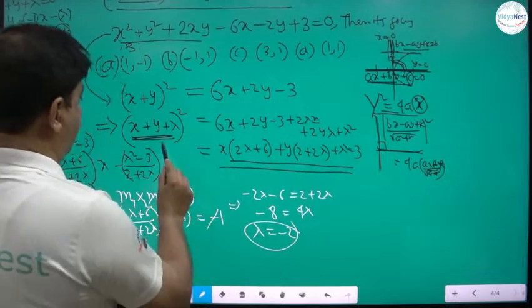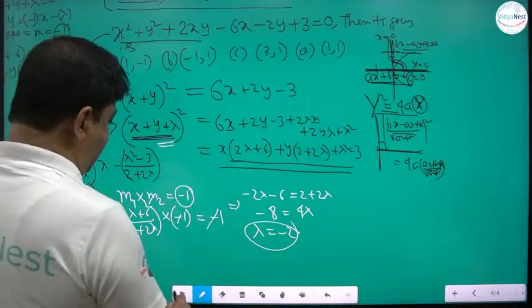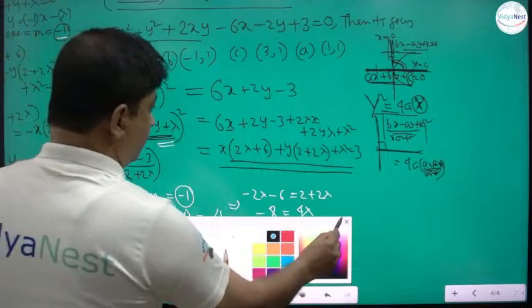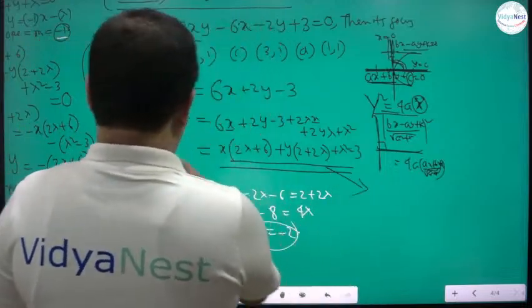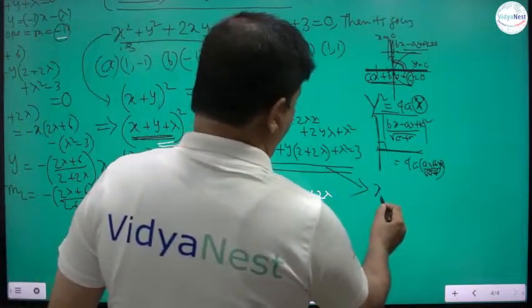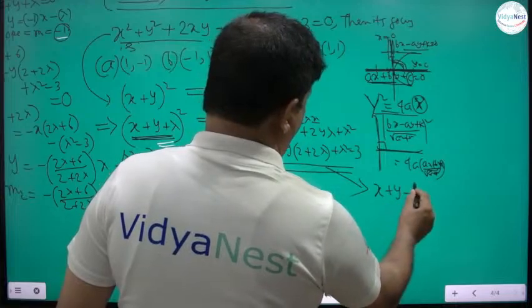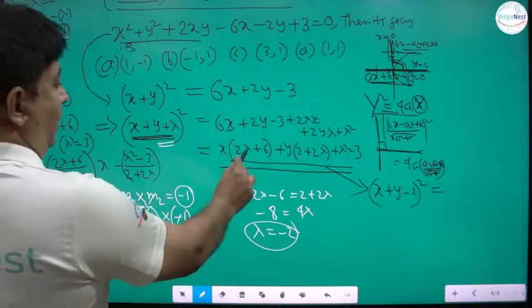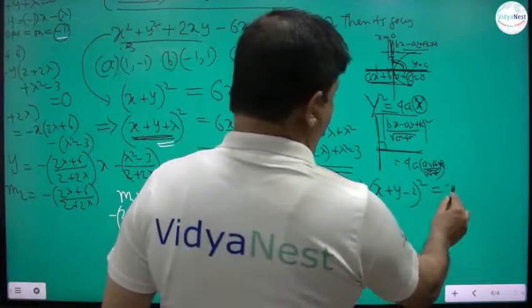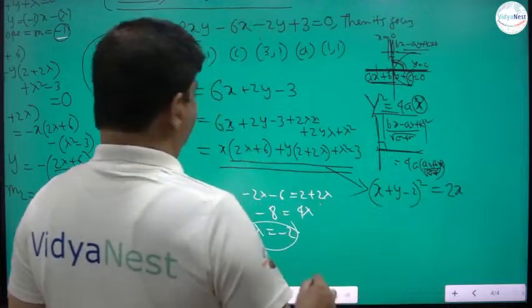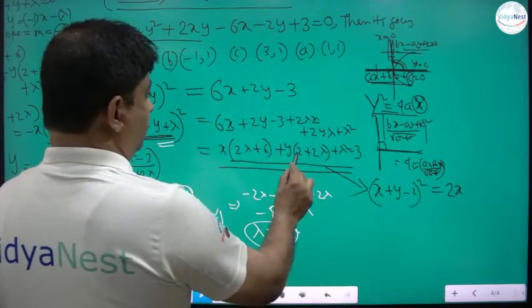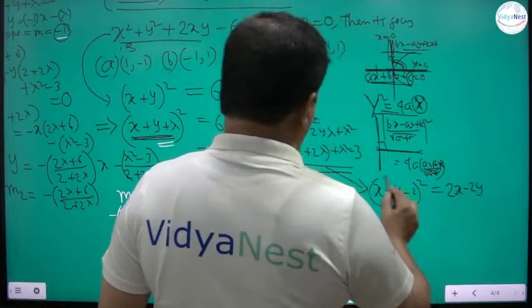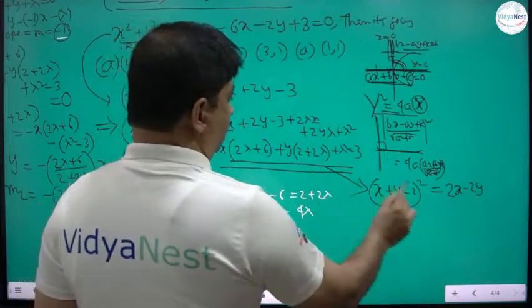See, this equation will be turned into what? (x + y - 2)² is equal to, put here minus 2x, minus 2y, plus 1.